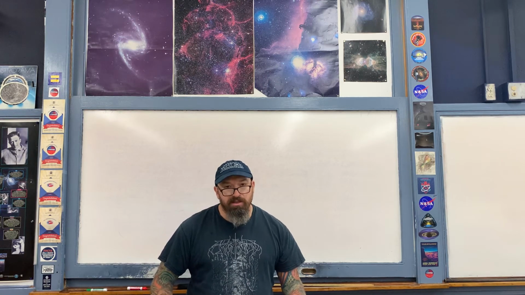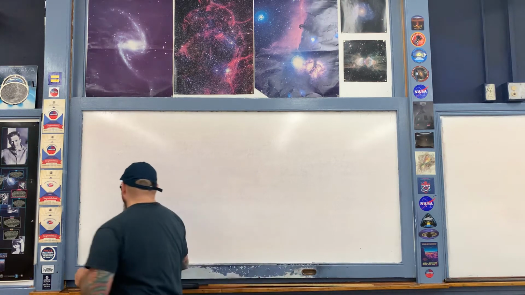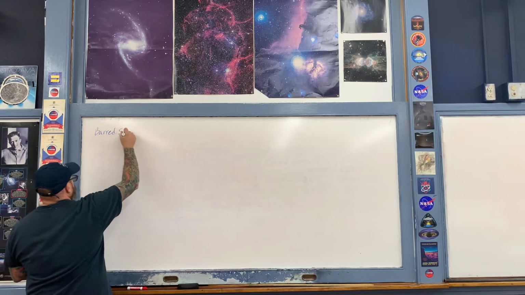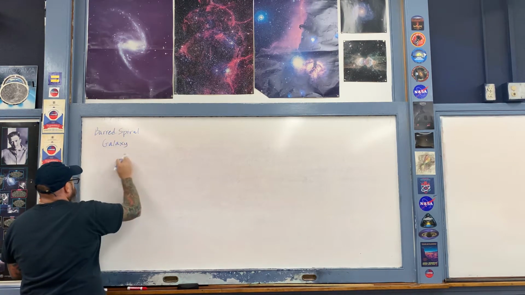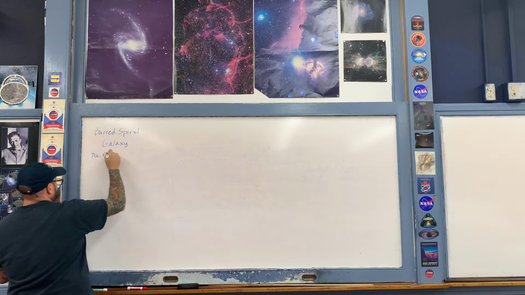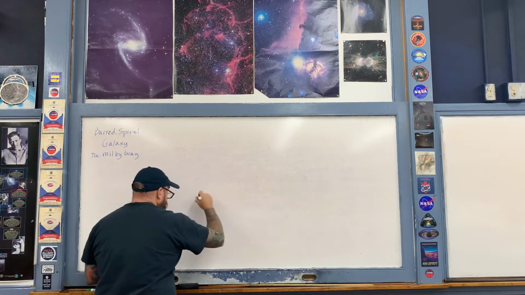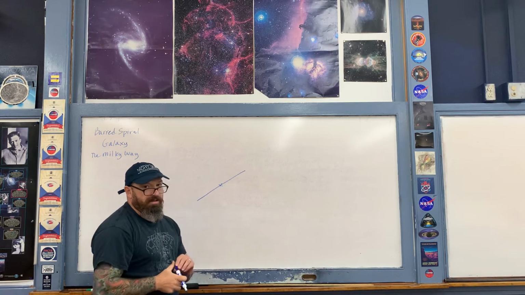The Milky Way galaxy is an example of what is called a barred spiral galaxy. So first of all, there is a long bar of material like so, where right here is the galactic center.